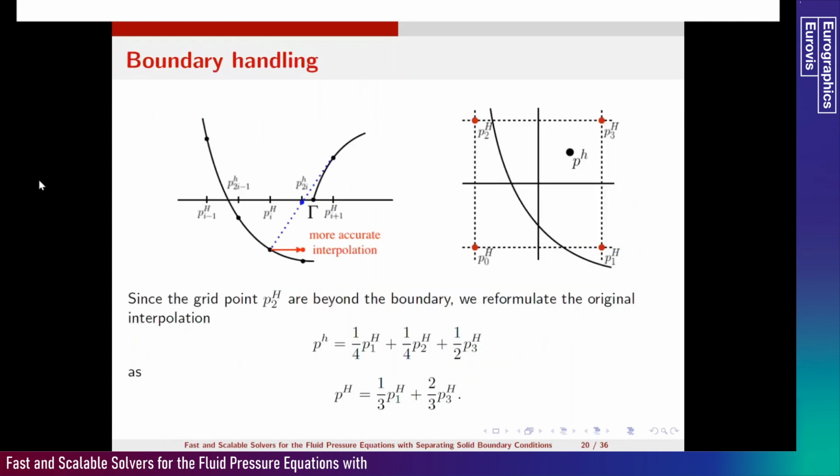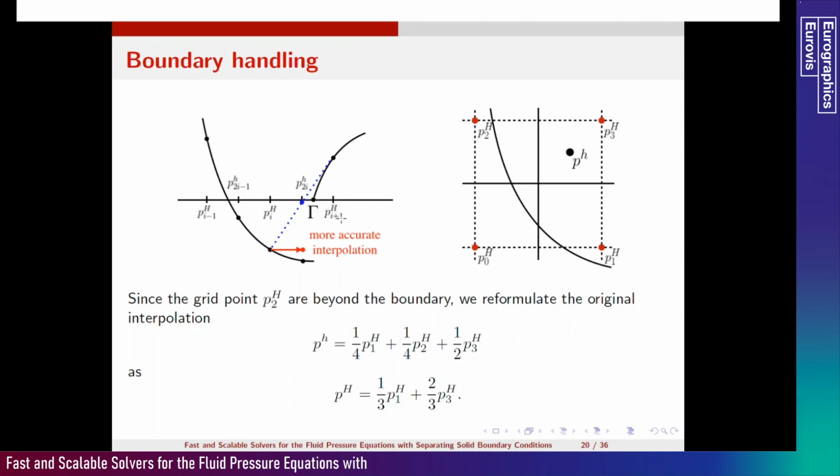For the interpolation near the boundary, we notice that there are jumps due to the constraints being enforced on the boundary only. As we can see in this 1D example, the interpolation shown as a blue dotted line uses the points that are both inside and outside the boundary, which gives an inaccurate value.